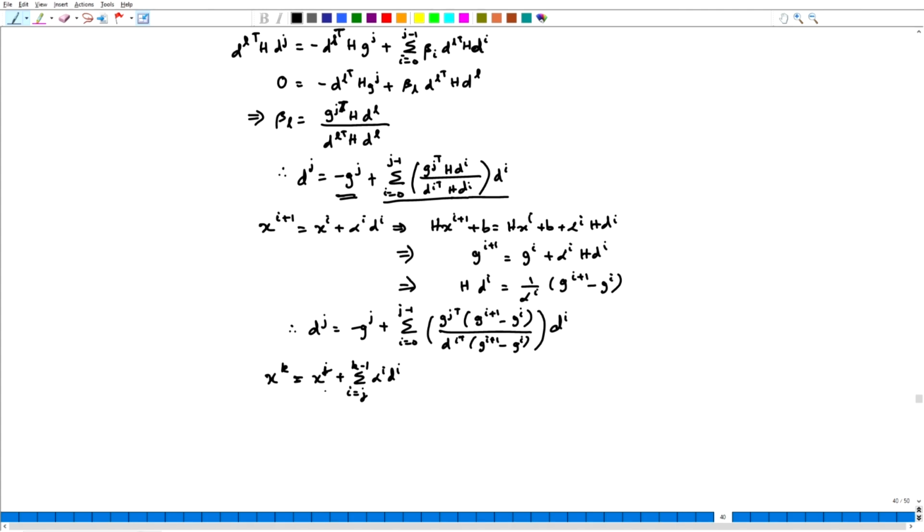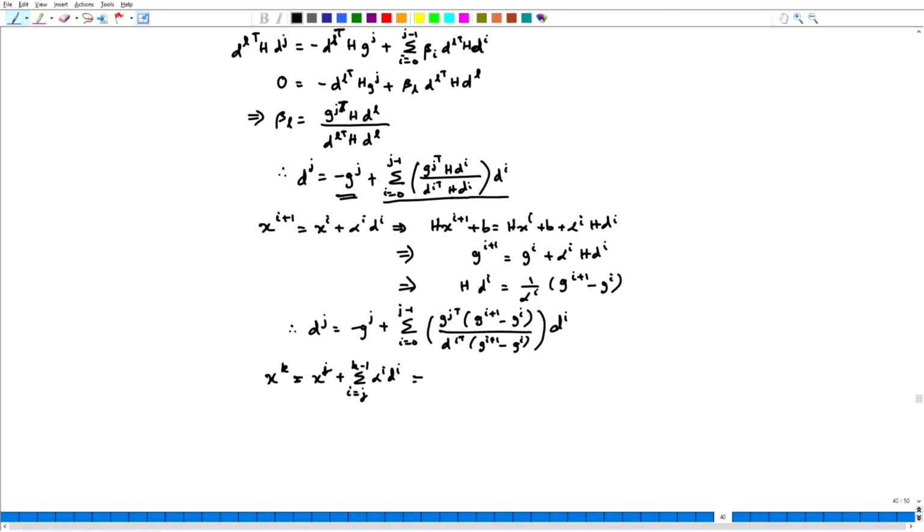So, I have just written, for x1 we write x0 plus alpha 0 d0, for x2 I can write it as x0 plus alpha 0 d0 plus alpha 1 d1, right. So, that is what I have written in a more sophisticated form.